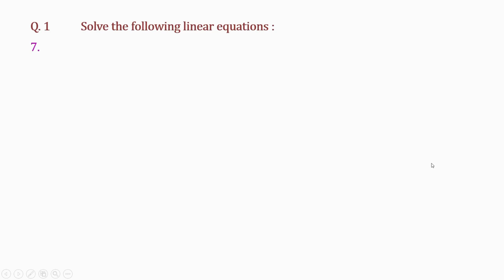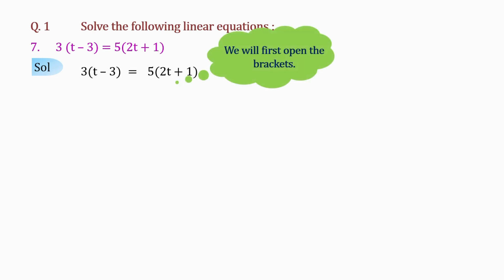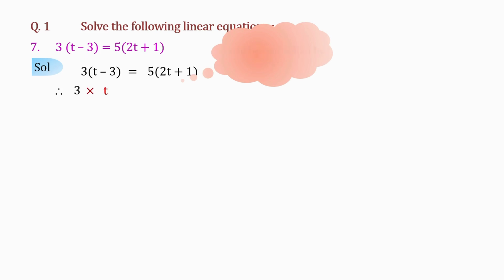Now, solve the following linear equations. 3(t - 3) = 5(2t + 1). First, we are going to open the brackets. And now we are going to multiply.